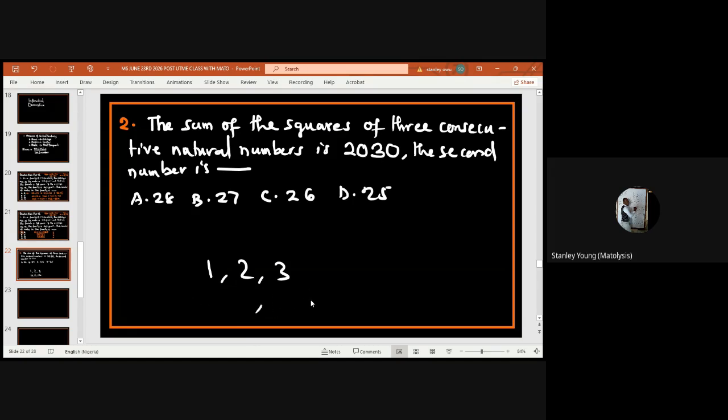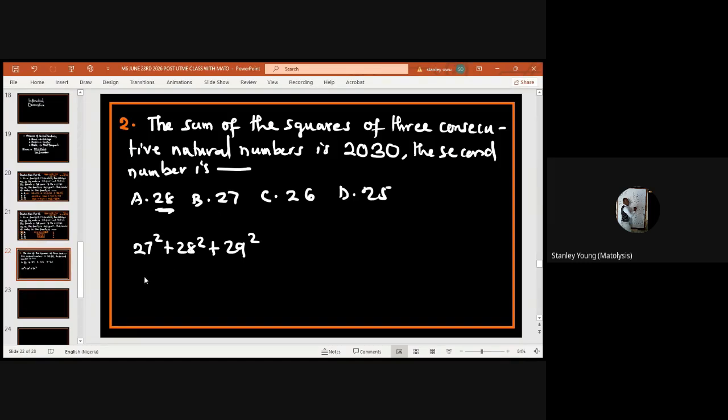This question is saying sum of the squares of 3 consecutive natural numbers, and we are only interested in the second number. Rather than solve it originally, I will do something like this. If this is the answer, it means we should be having 27 square plus 28 square plus 29 square. You check it out. Check if that will give you 2030.